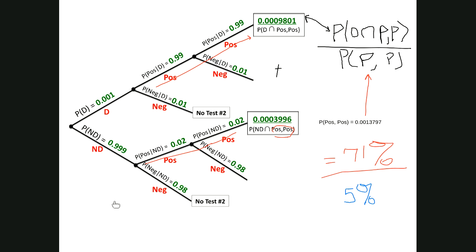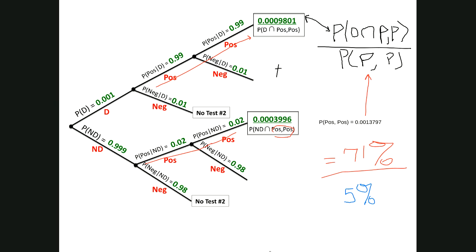Okay. And you could go ahead and think about this and ask yourself various questions about what the outcomes are. For example, if you have a negative second test, what's the probability that you have the disease, and so forth. So that's the information available from a second test and the improvement on the reliability of the test and the chance that you would actually have the disease.